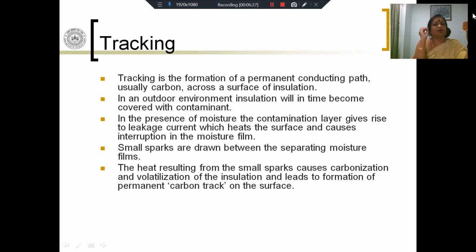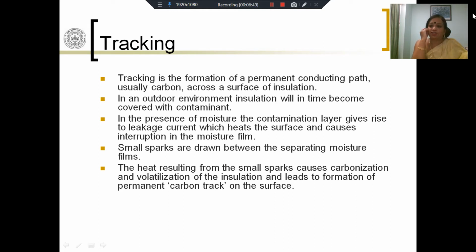Now, when current flows along the surface through the contamination layer, I squared R heating is produced, and therefore heating happens. When heating happens, so let's say this is moist and conducting current begins to flow, and when it heats up along the path of the current, the moisture will be evaporated.